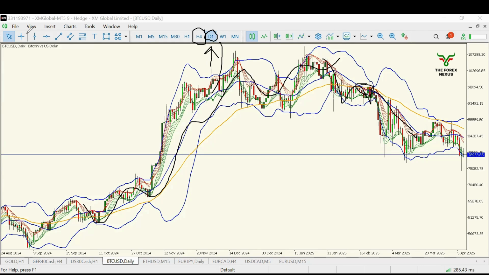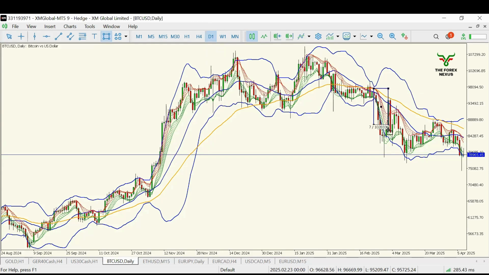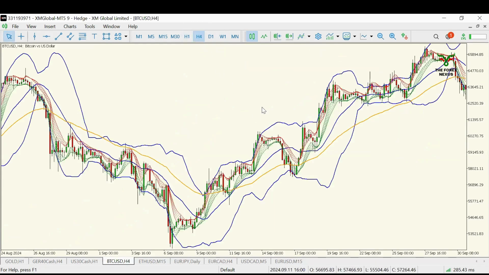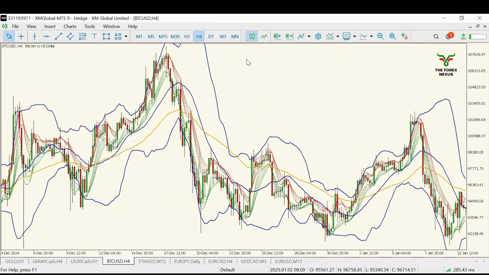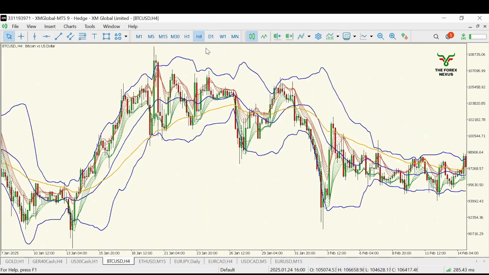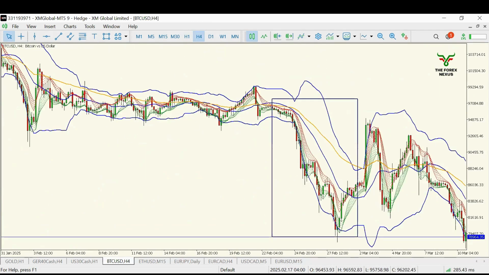Now here, let me clear all, let me mark this zone. This was a big drop. So here you can see, as I discussed, that you guys can catch one step lower time frame re-entry.